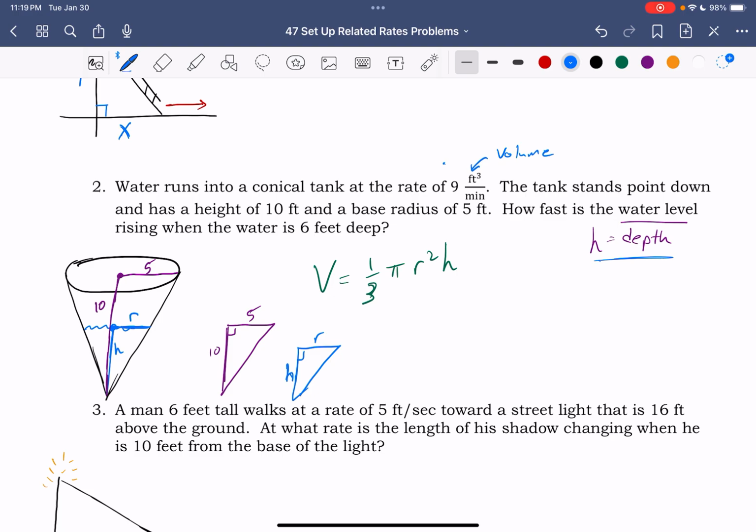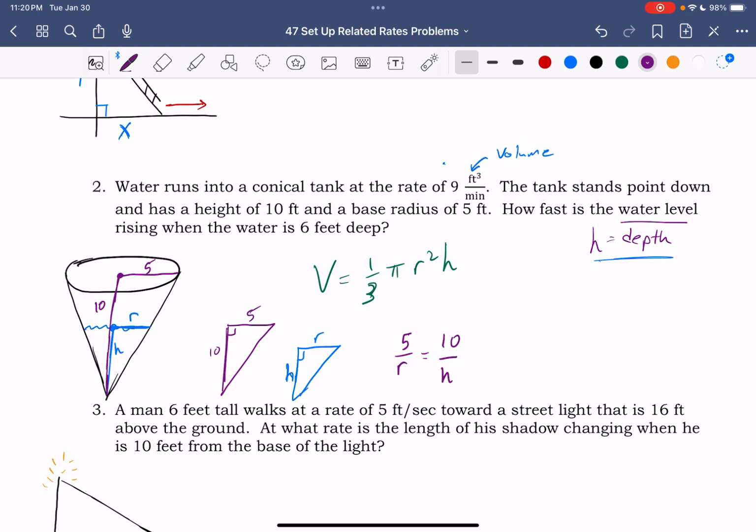And so from there, what we can do is say that 5 over r is equal to 10 over h, our height. So we can relate those sides to one another using similar triangles.